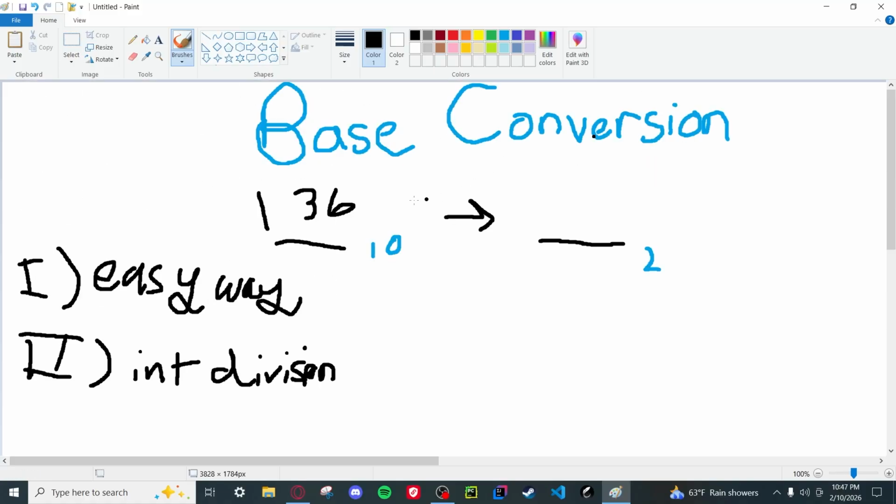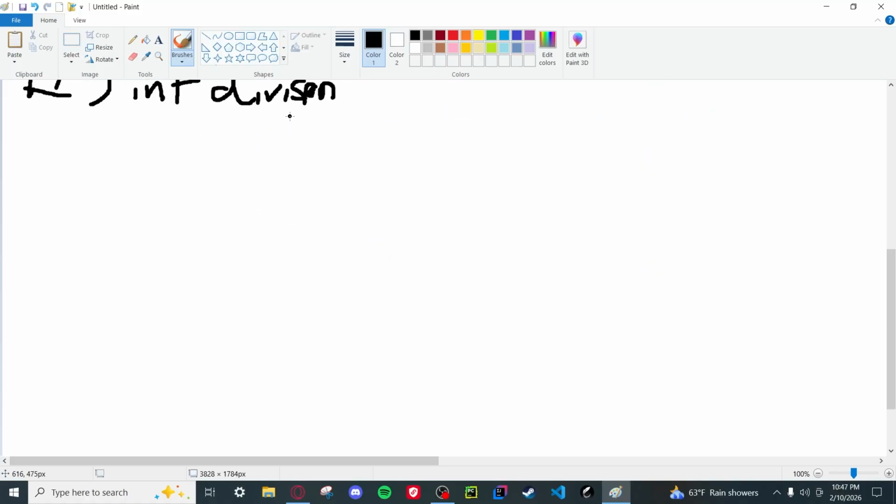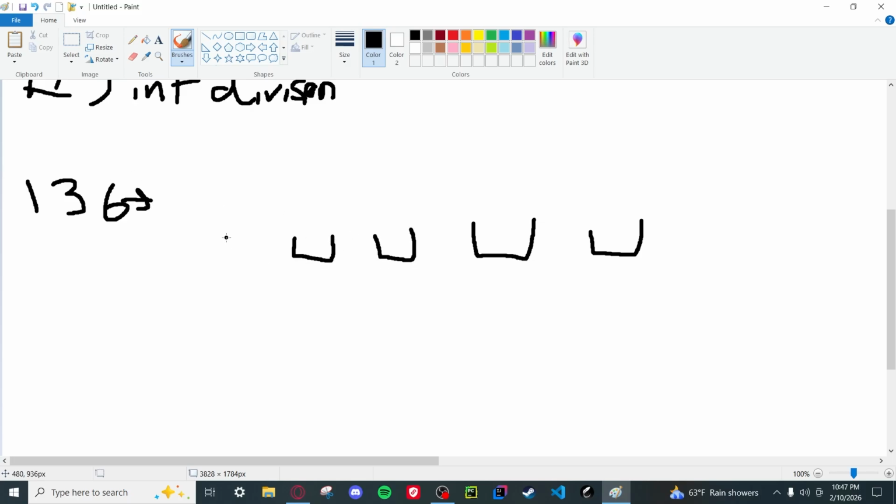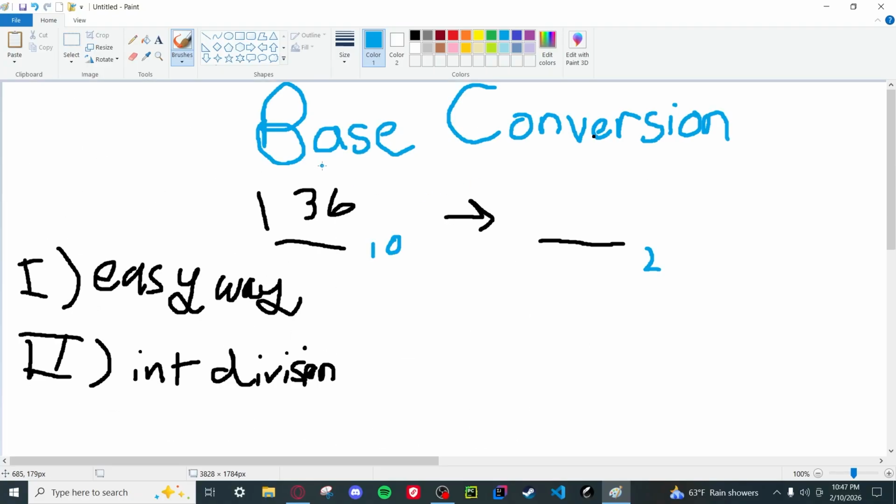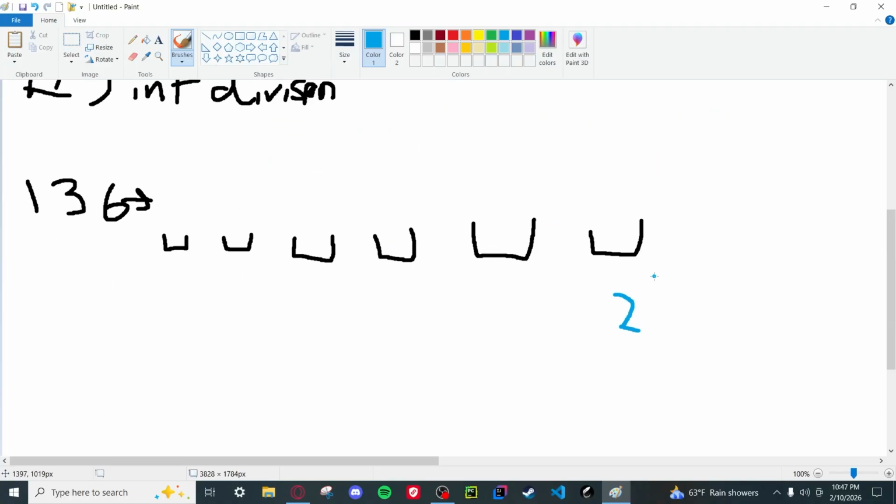So, if we remember, the easy way is kind of the inverse of the way we did before. We know we want to convert 136 into base 2. Let's think about it. If we had binary and were trying to get to 136, how would we do that? There's going to be 2 to the 0th, 2 to the 1st, 2 to the 2nd, 2 to the 3rd, 2 to the 4th, 2 to the 5th.